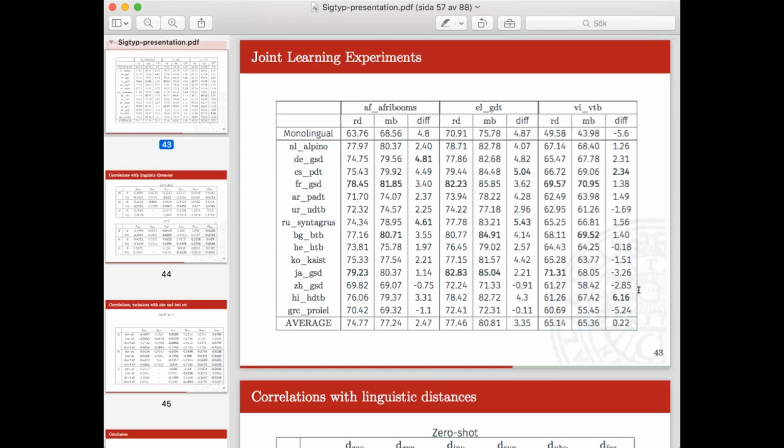Yeah, Chinese and Urdu have a different script. Many of these languages have different scripts. So the top ones here are the ones with the Latin script, and then we have Arabic, Urdu, and then we have a couple with the Cyrillic script, and then some other scripts, the Greek.